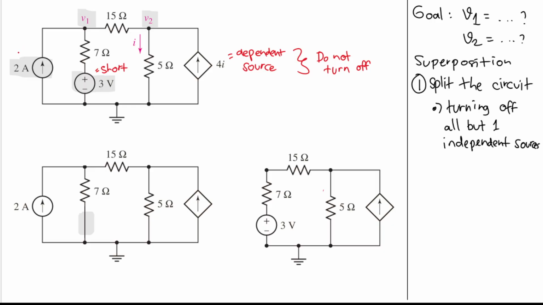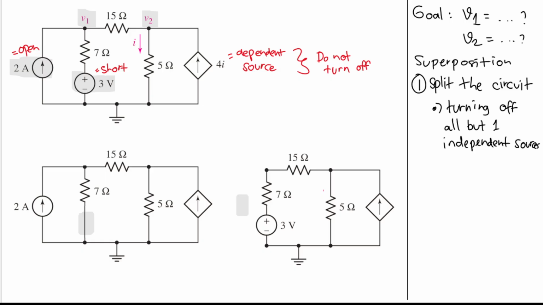A current source is replaced by an open circuit. So here we replace this current source by an open circuit. So this is our split circuit. We have two because we have two independent sources.